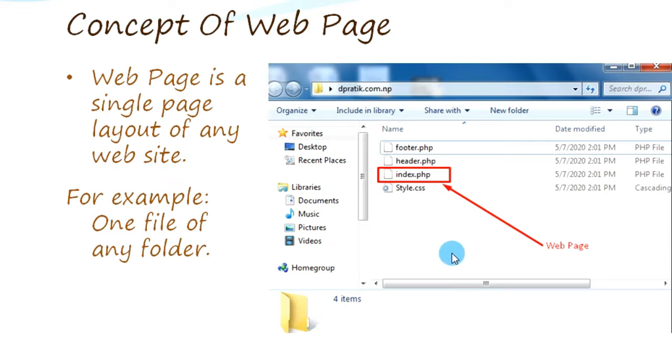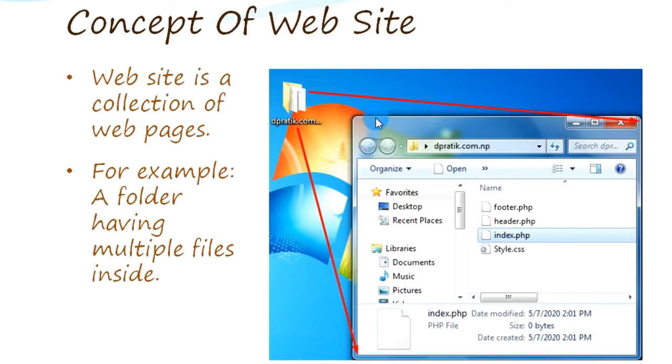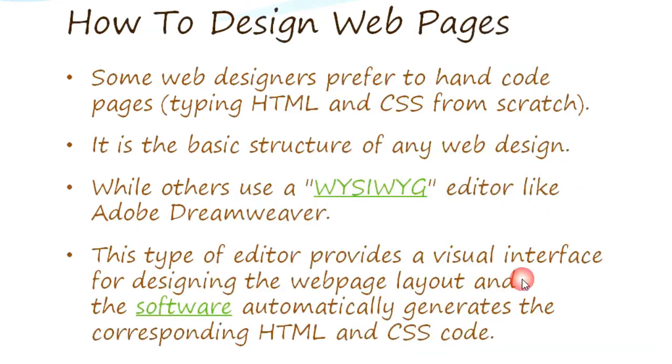For example, in the website thepratik.com.np, we have 4 files, and each file is a web page. The concept of a website is a collection of web pages. We can compare a website to a folder which contains several files, and each file can be compared to a web page.